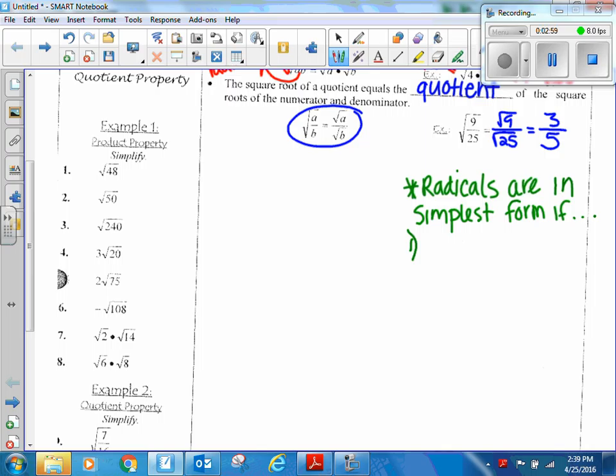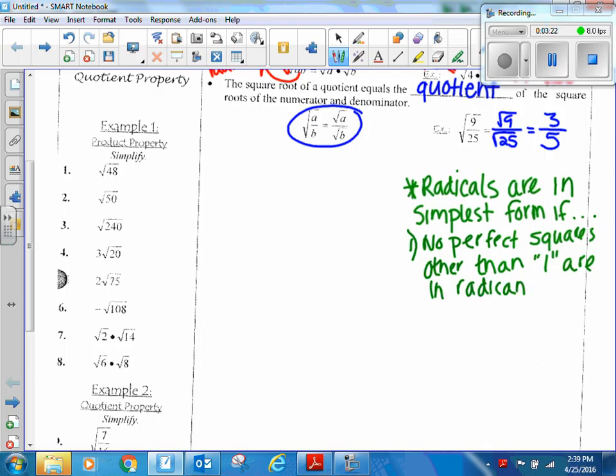Number one, there are no perfect squares other than 1 in the radicand. One is always going to be there, because 1 times a number is always a number. So we're talking about perfect squares other than 1.